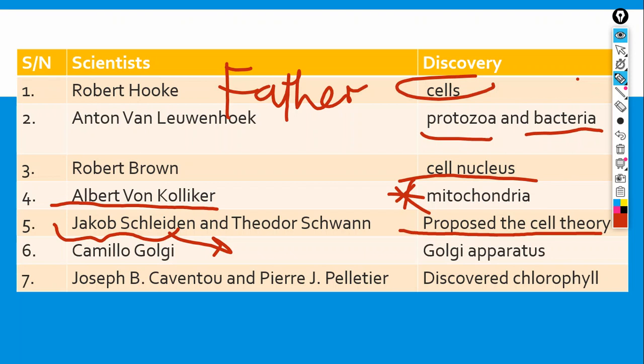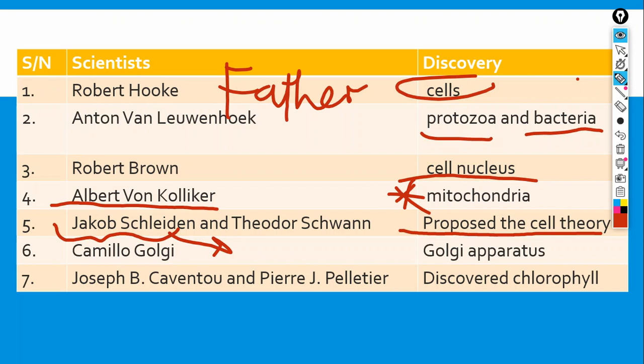He was a German botanist, and his proposition was on the basis of plant cells. He discovered that plants had cells, and proposed the theory that pertained to plants.